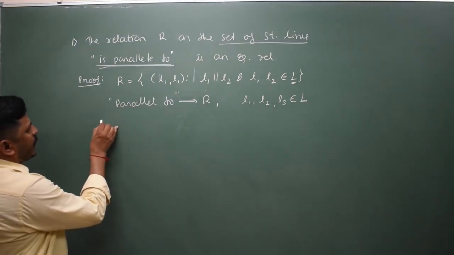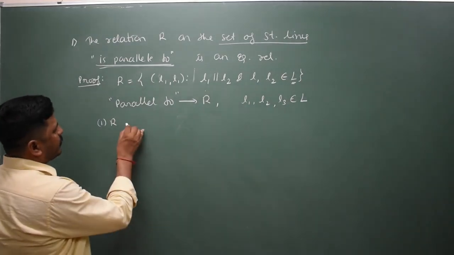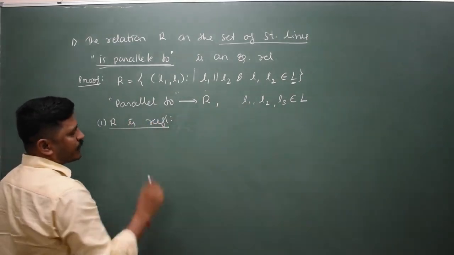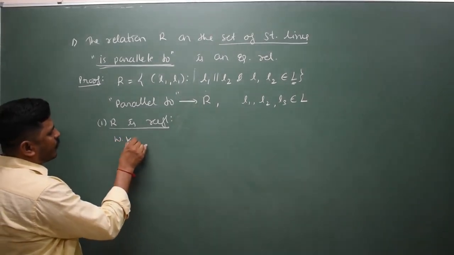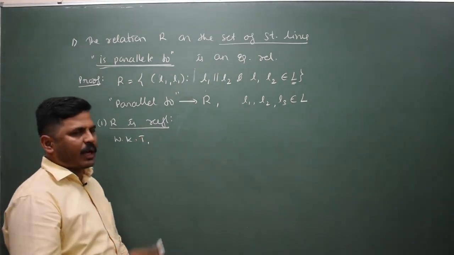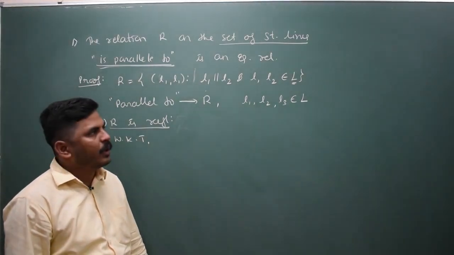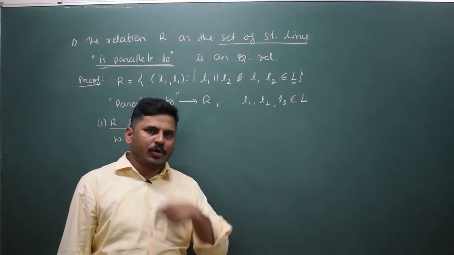While proving, I clearly told you to prove in general. First, R is reflexive. Reflexive always starts from: we know that. What do we know? Is each line parallel to itself?